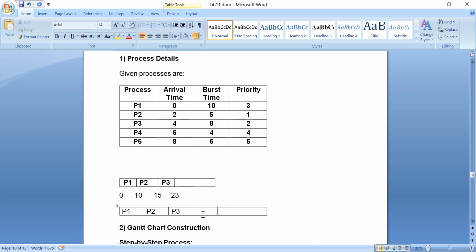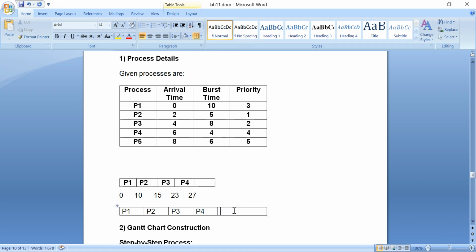Then we have P4 with priority 4, which arrives at time 6. Since we already executed priorities 3, 1 and 2, the remaining are 5 and 4, so it has the highest priority. We include it in the ready queue and execute it. It takes 4 seconds, which is 27.